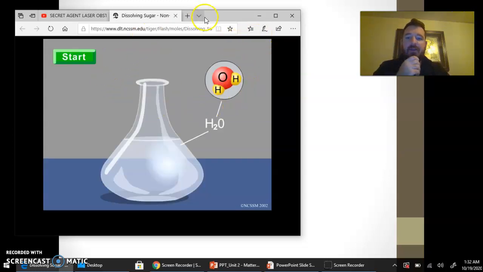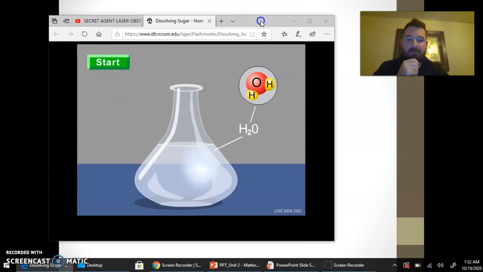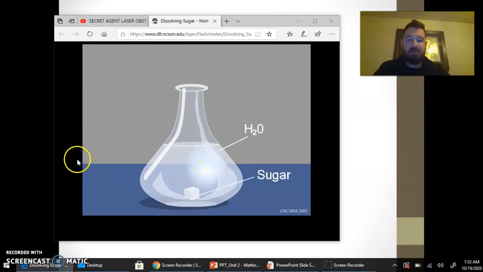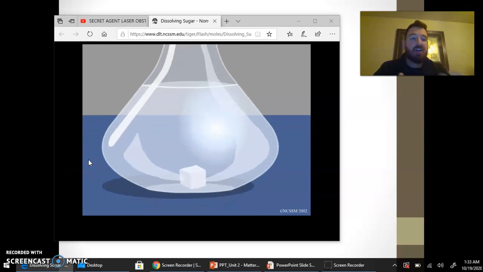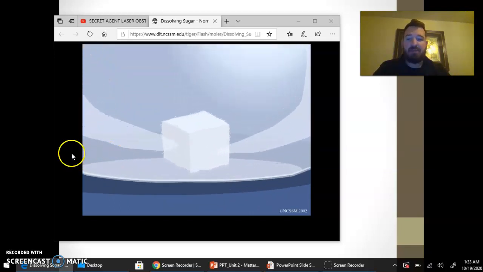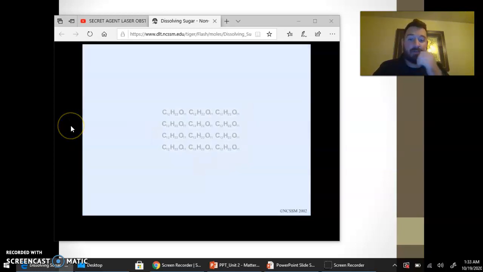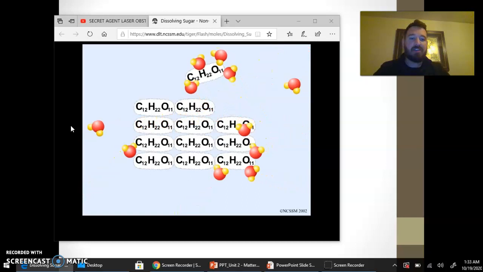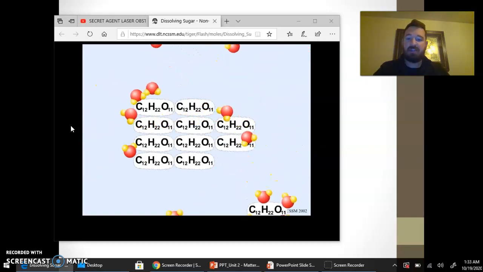Alrighty, so here we have a little diagram. We're looking inside here. We just have some water, and when we drop in, I think this is a sugar cube, the sugar does not react with the water. What actually happens is it dissolves. The water comes in and separates the sugar molecules, and breaks it down into its smallest little pieces.